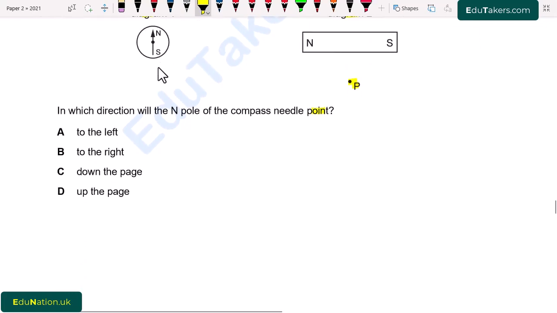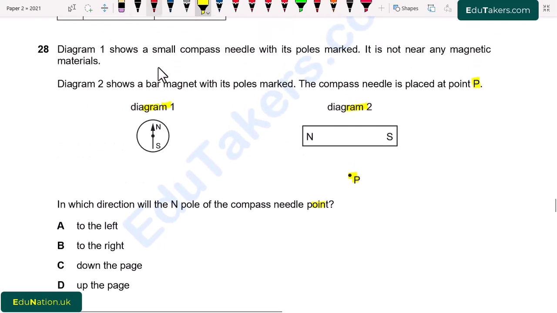A. To the left, B. To the right, C. Down the page, and D. Up the page. Going back to the figure, we can see here in diagram 2, there is a magnetic material which is a magnet. First of all, the magnetic lines of force emerge from the north and enter into the south.